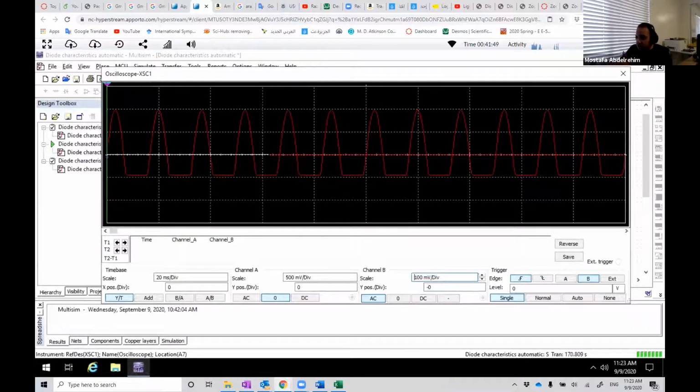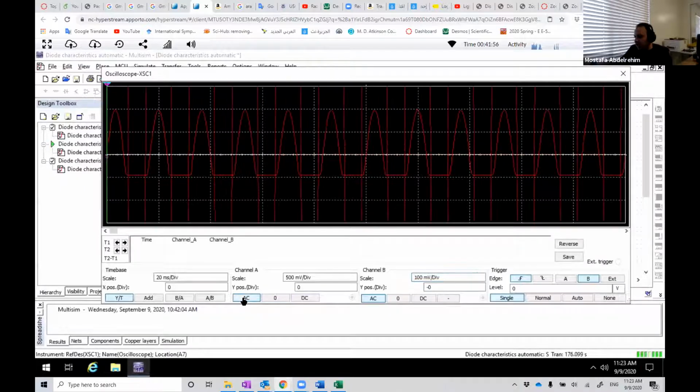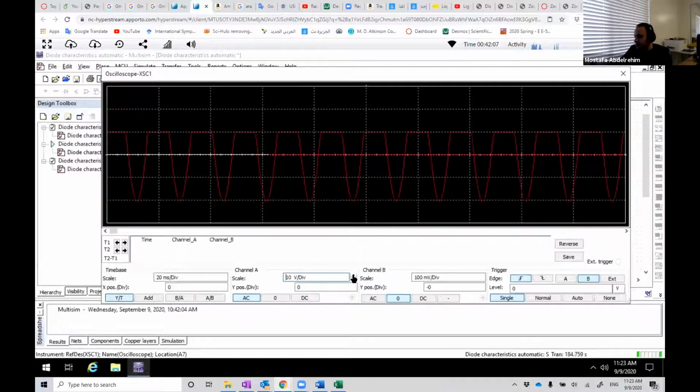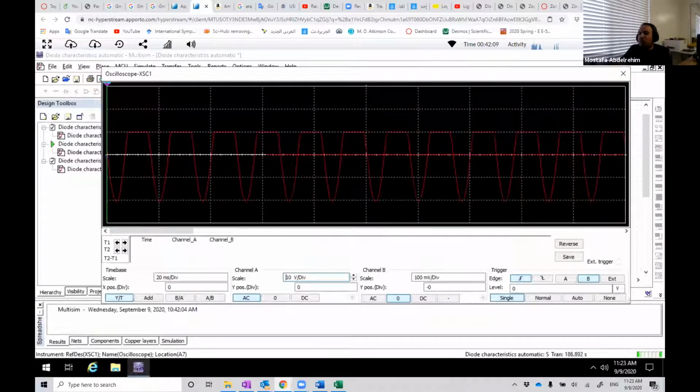So this is the voltage across the resistor, and here is channel A, which is the voltage across the diode. Let me draw it. We'll also learn how to do that, and why this clipping happens.